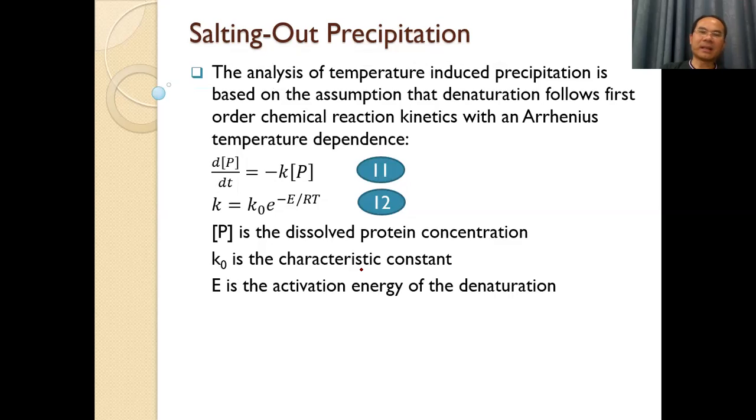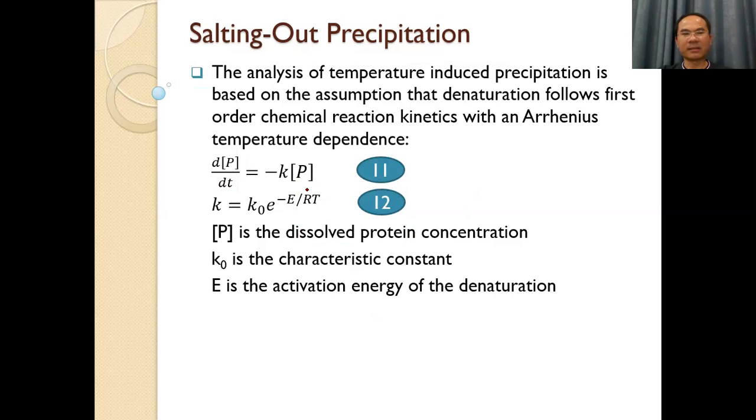And the analysis of protein solubility depends on temperature. Precipitation is deduced based on the assumption that denaturation follows a first order chemical reaction. In this case, for the linear relationship, we can write dP by dt equal to K times P, where P is the concentration of dissolved protein in water.